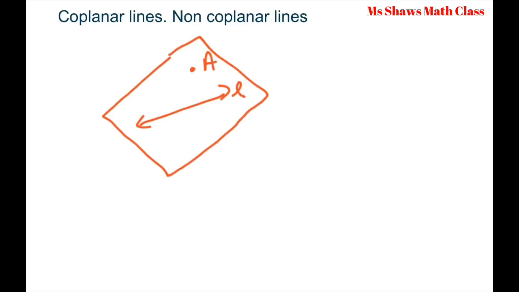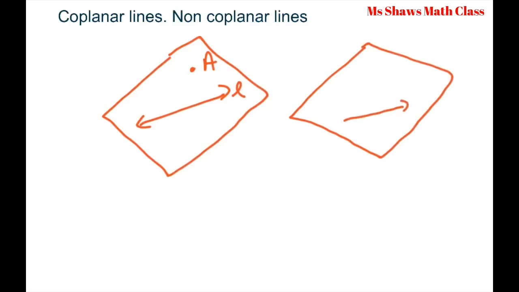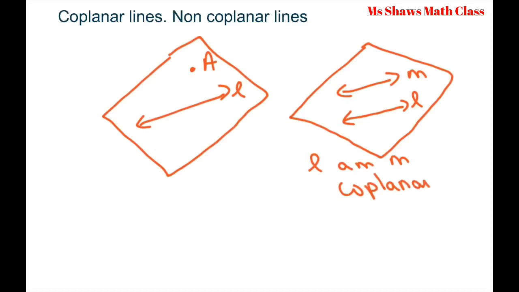If I do this, and I'll put line L and line M, we'll say L and M are coplanar lines because they lie together on the same plane.